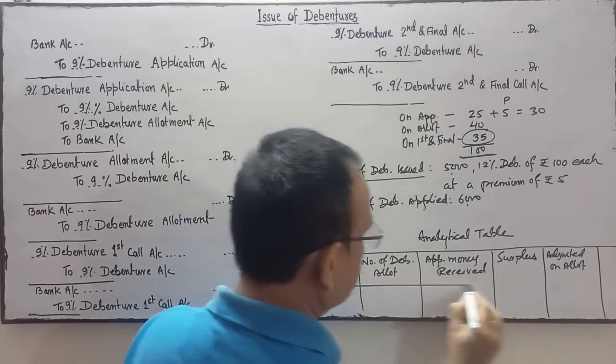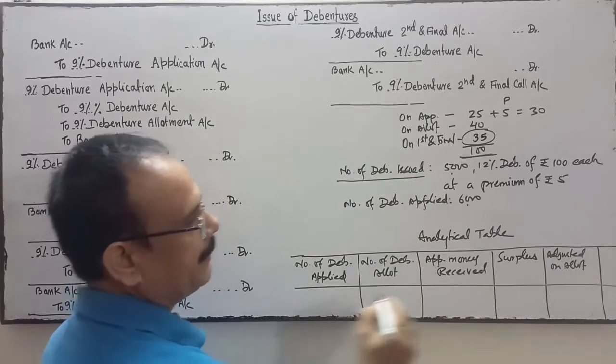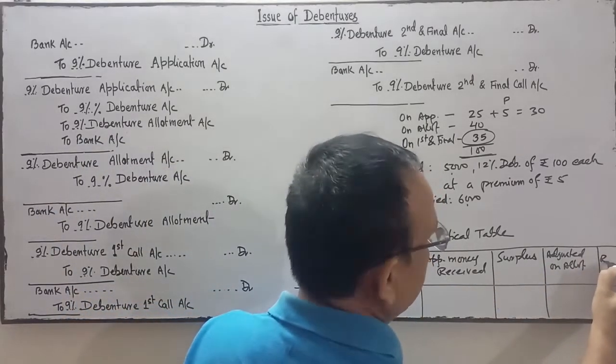So this is the analytical table. Now if there is a refund, then we have to write a refund column.